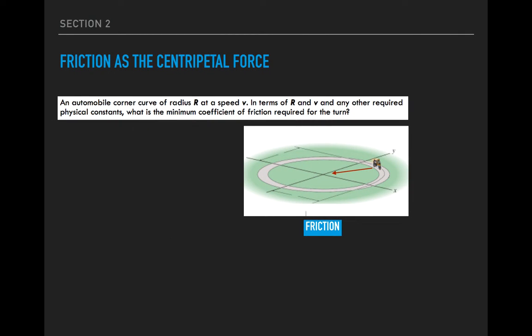Okay, third example. We have an automobile going around the corner, radius r, speed v. In terms of r and v and any other required physical constants, what's the minimum coefficient of friction required for the turn? It is identical to the previous one. Friction is the centripetal force, so that's mv squared over r.